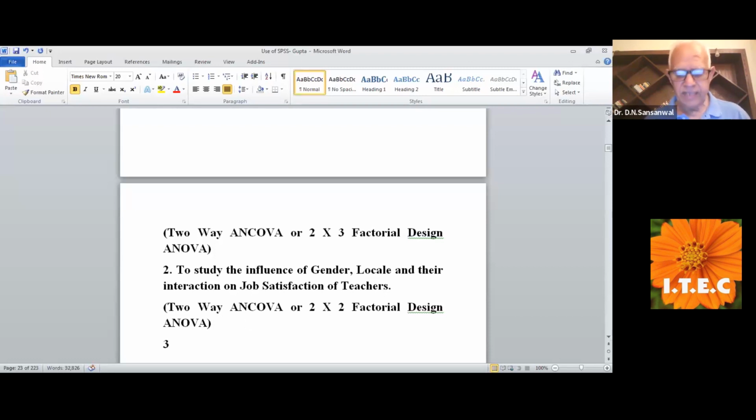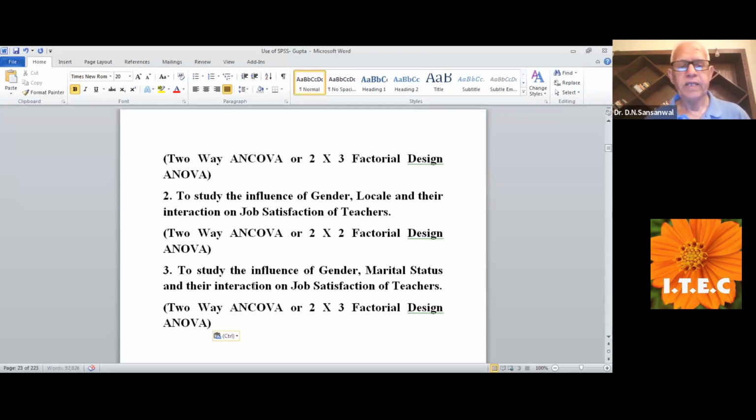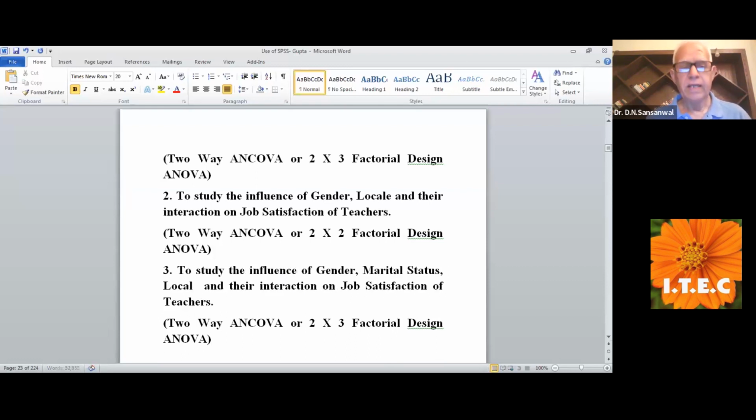I can have another one: to study influence of gender, marital status, locale, and their various interactions on job satisfaction of teachers.